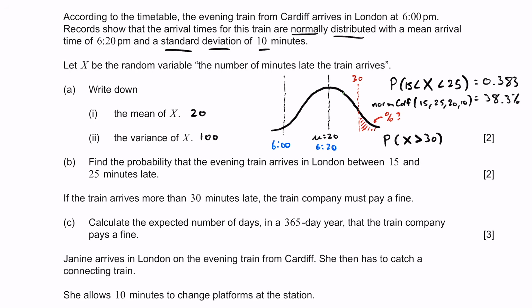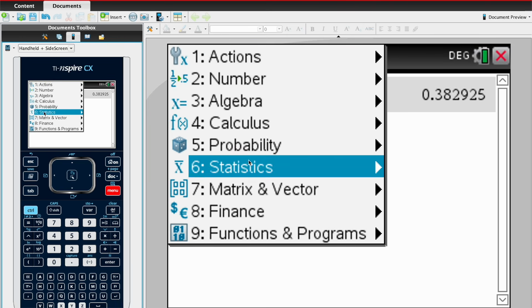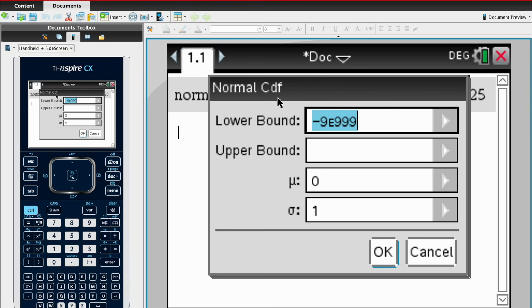Okay, so let's go to the calculator here. Menu, probability, distributions, normal CDF. In this case, our lower bound is 30. Our upper bound, we can put in anything as long as we are guaranteed more or less to capture all the area to the right. In practice, 100 would be okay, but if you want, you can just write 99999.